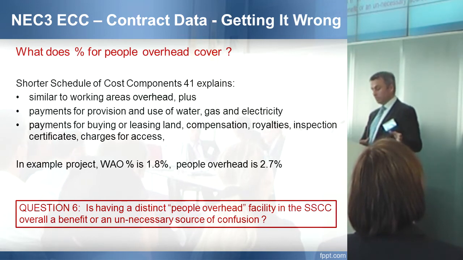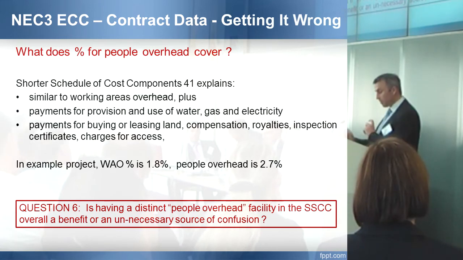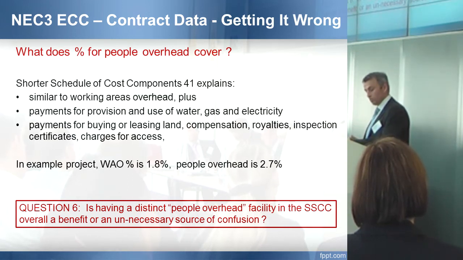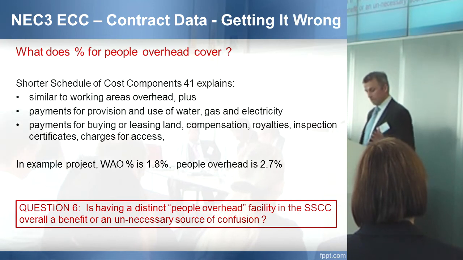If we took the same data from the example tender I showed earlier, the people overhead would be about 2.7%, whereas the working areas overhead would be 1.8%. That results from the addition of water, gas and electricity provision mainly. Okay? As I said, on different jobs, different circumstances, these percentages could be a lot different.